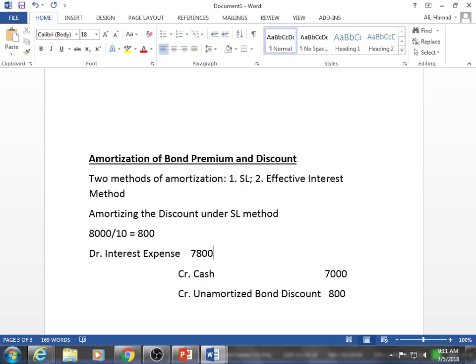And for a premium, we would have to update the carrying value every 6 months.